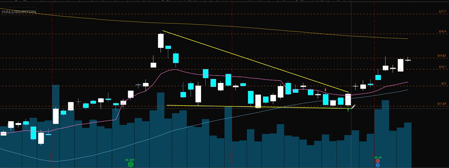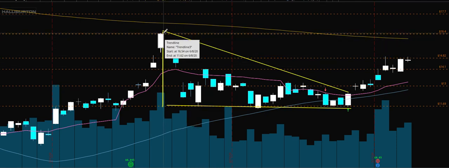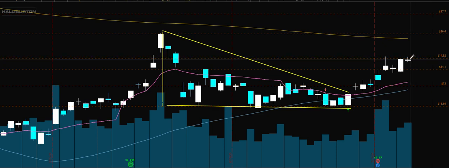You see, it forms this triangle shape here, and a lot of times if it breaks up, you would expect it to move this distance from here to here as far as price. So right here we're at 11.69, 11.70, to 16.40. That's about a $4.75 move, and that move is going to be from this $13 level.